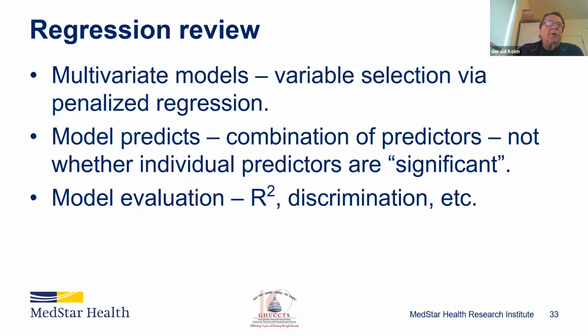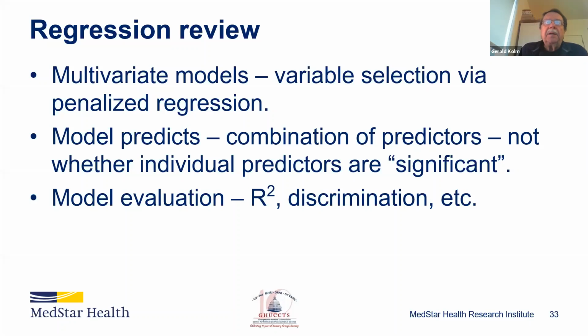And then, of course, you want to evaluate your model, how good it is. In linear regression, we looked at the concept of R squared, the percent of variance accounted for in the dependent variable by the model.